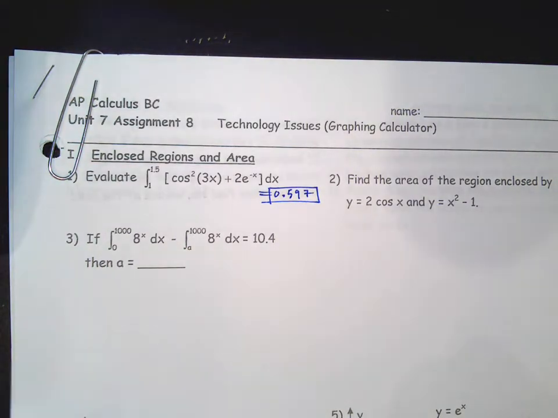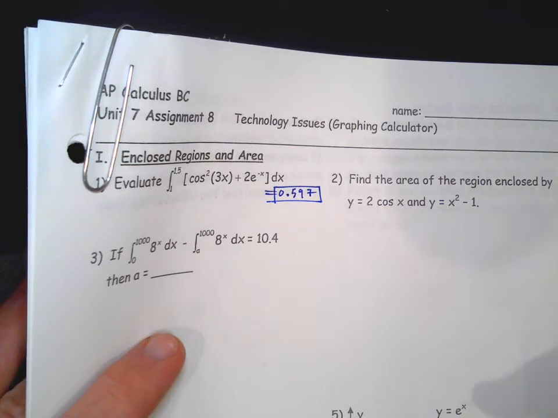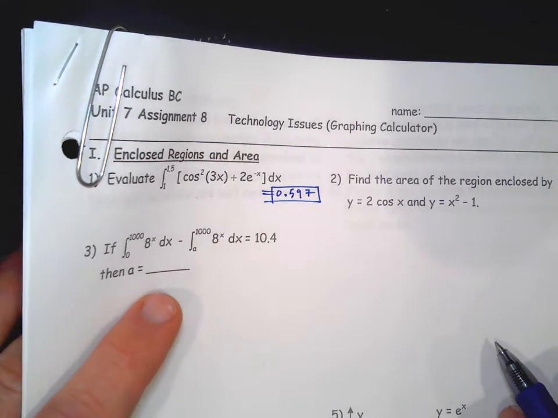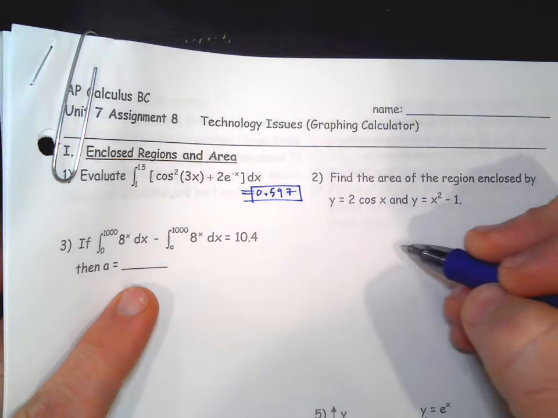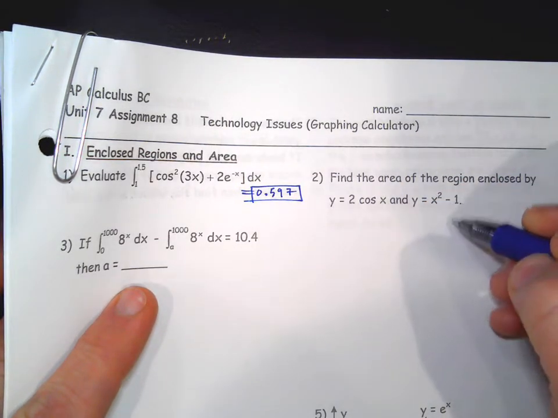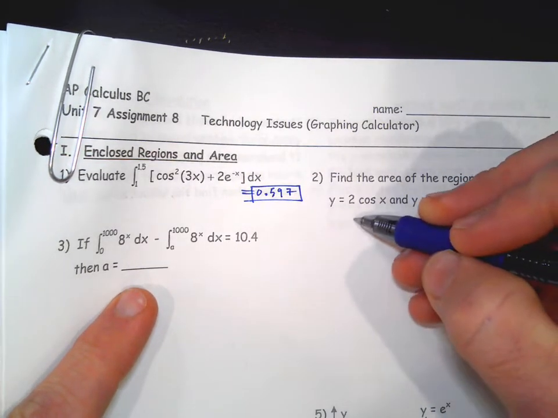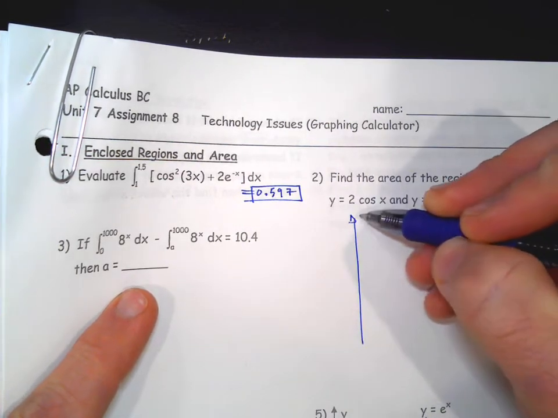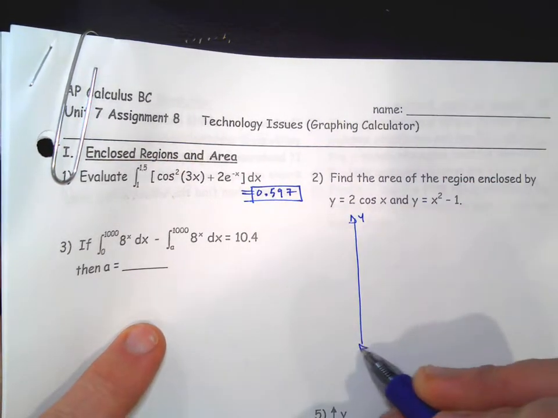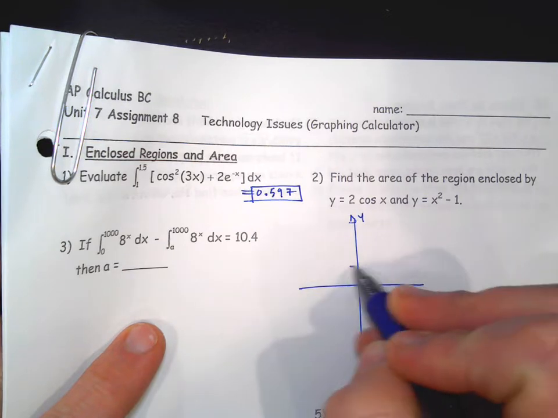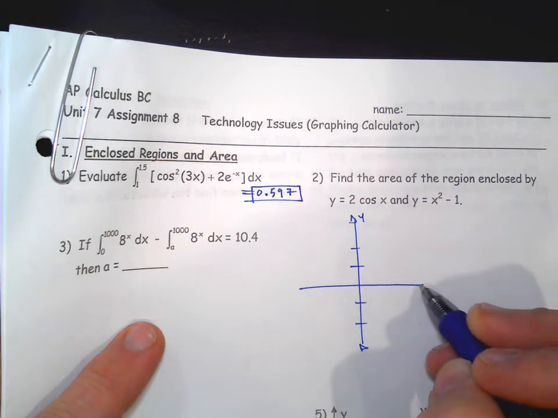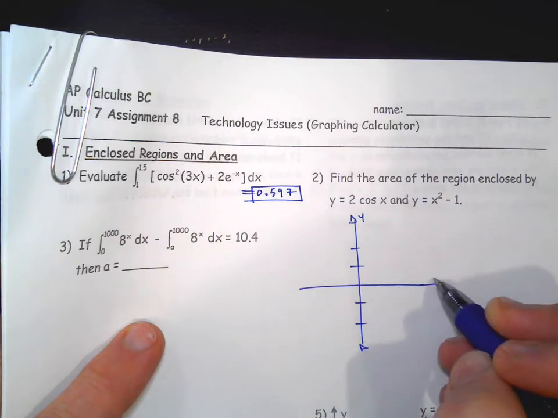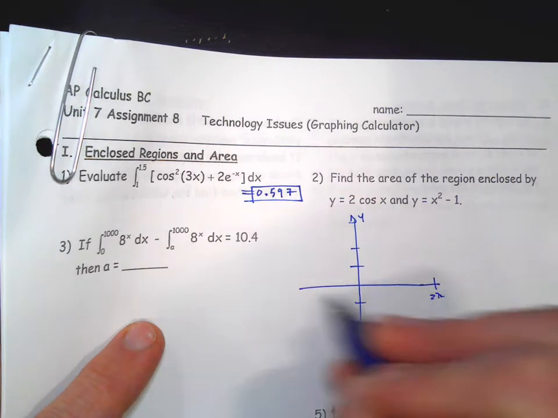Okay, number 2, find the area of the region enclosed by y equals 2 cosine x and y equals x squared minus 1. So we should probably draw a picture of this. Parabola, shifted down 1, cosine curve with an amplitude of 2. So the period is 2 pi.